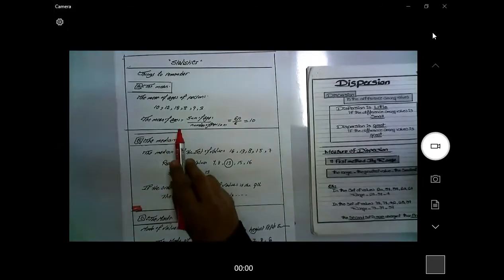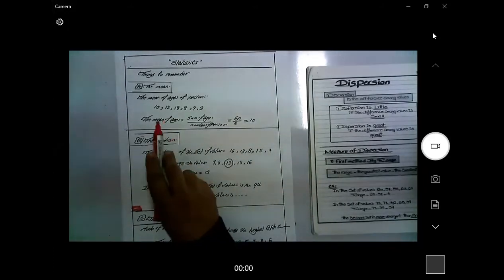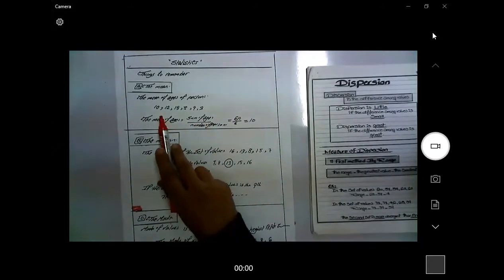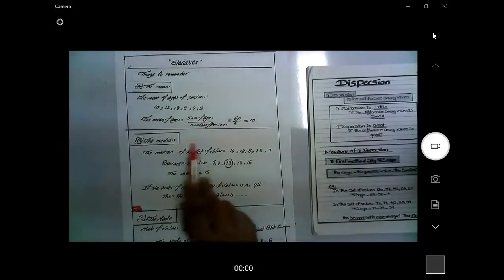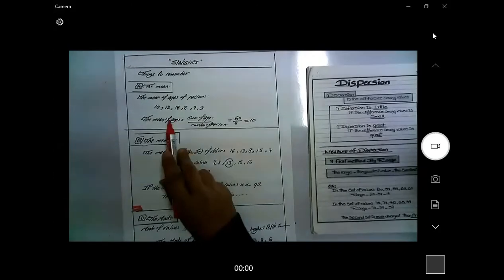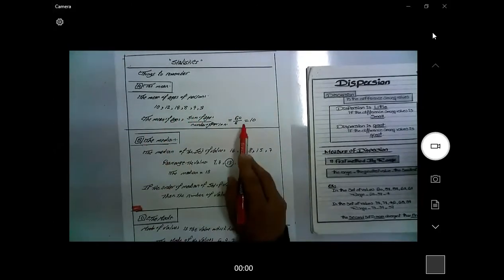So we will add 10 plus 12 plus 18 plus 8 plus 9 plus 3, divided by the number of persons, which is 6. Then the mean value of their ages equals 60 divided by 6, equals 10.